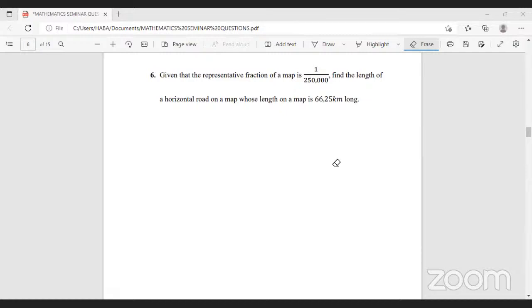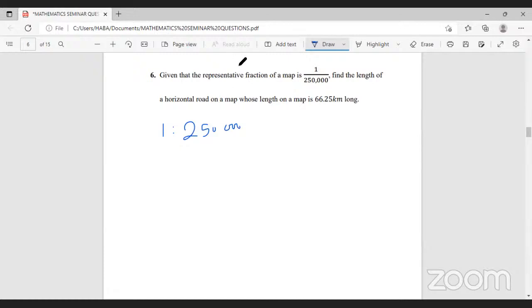Given that the representative fraction of a map is 1 to 250,000, find the length of a horizontal rod on the ground whose length on a map is 66.25 kilometers long. So here they have given us our scale as 1 to 250,000.